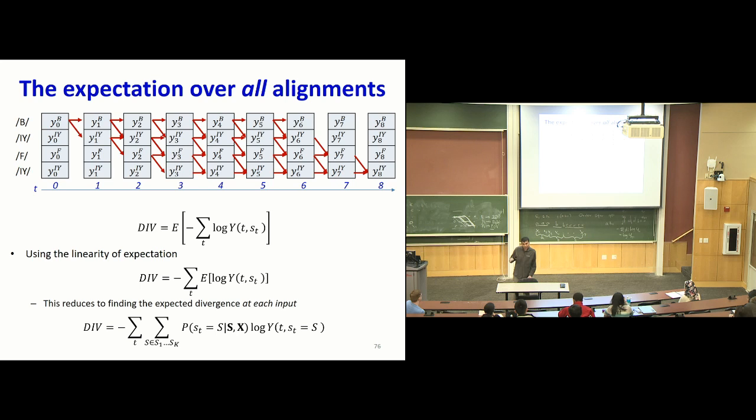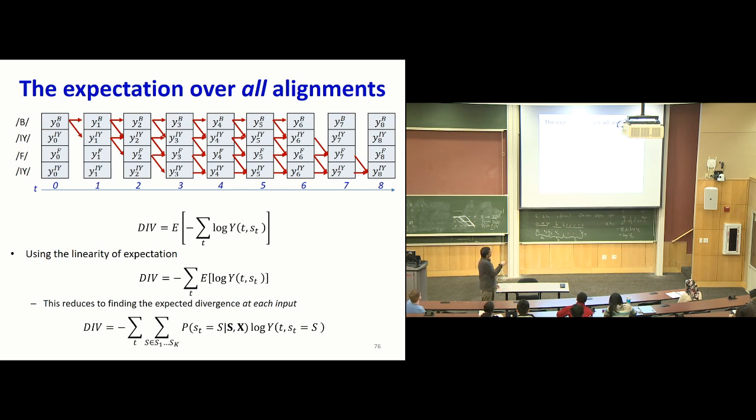You're literally asking, if you're going over all of the symbols in this column, and you're saying, if this was the correct alignment over here, what is the divergence? That's going to be minus log y4b, right? But what is the probability that that is the correct symbol at that time? That's given by this guy, right?